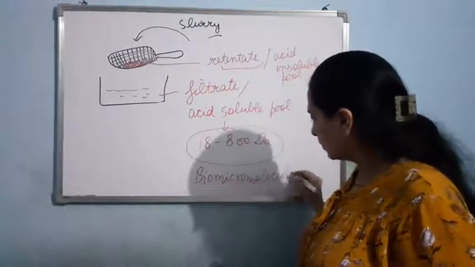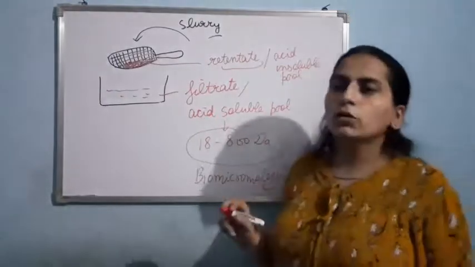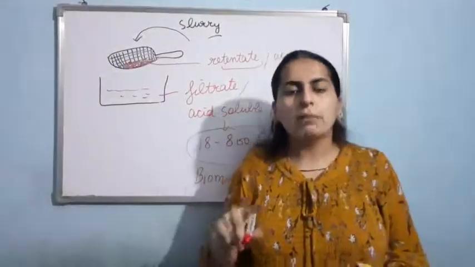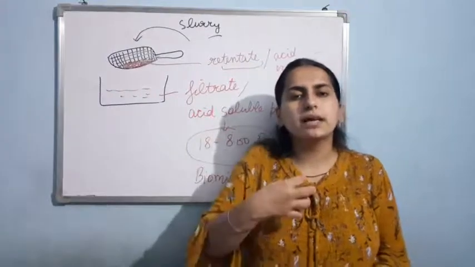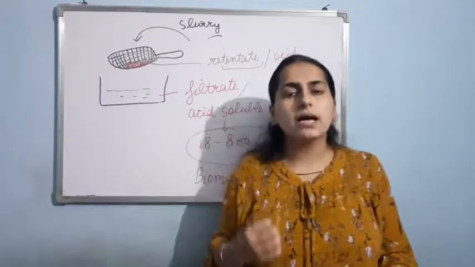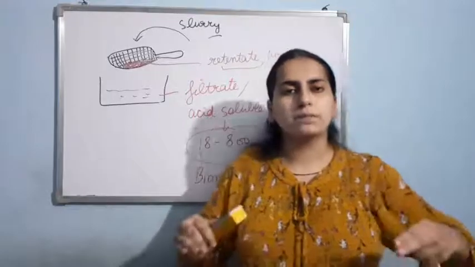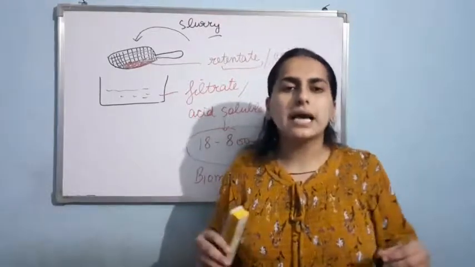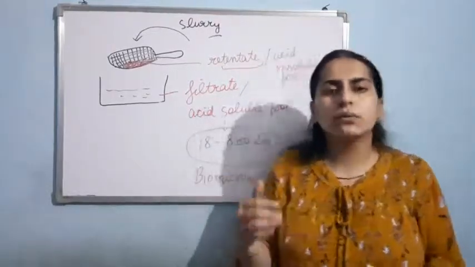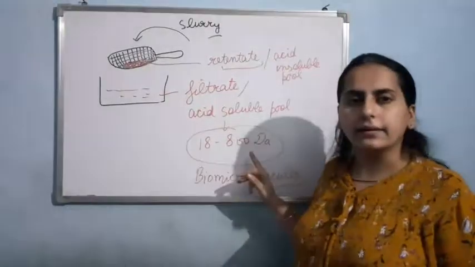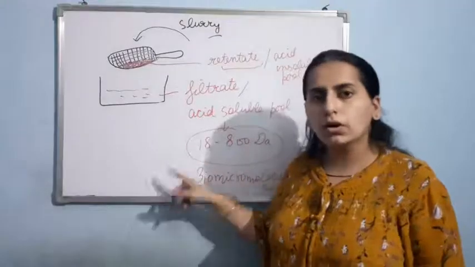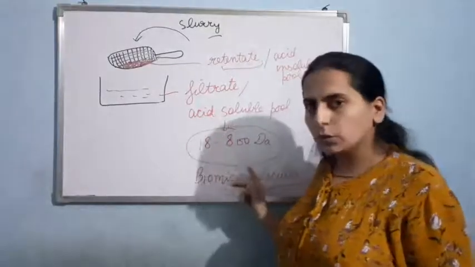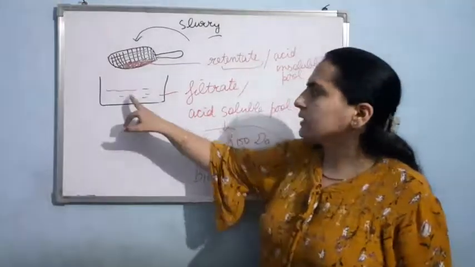Am I clear? We are studying about biomolecules. Biomolecules means the carbon compounds that are present in the living system. Now these carbon compounds are of two types on the basis of their size. If their size is between 18 to 800 Dalton, then these type of biomolecules are named as biomicromolecules, and you will obtain them in the filtrate.